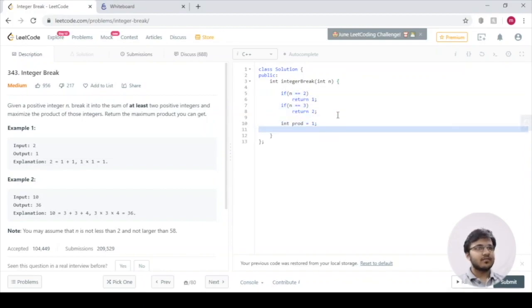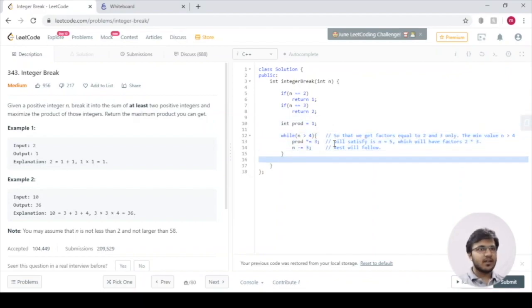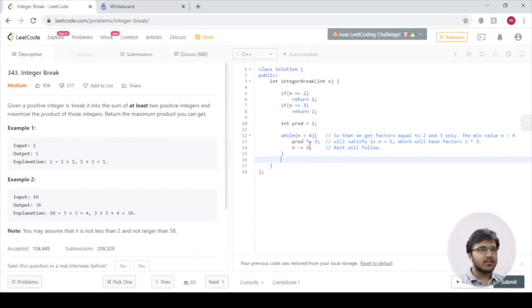Then we define a variable product which will store our product. Then this while loop is exactly this function here, x into n minus x. So you can see if n is greater than 4. So why are we taking greater than 4 and not greater than or equal to 4?